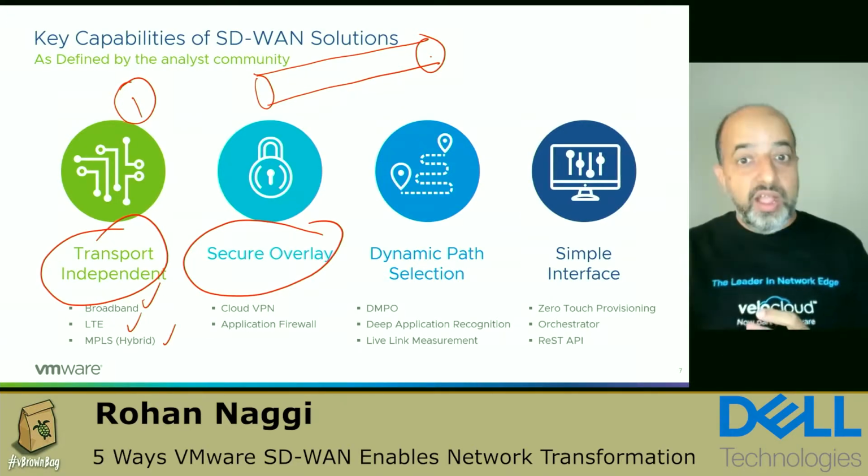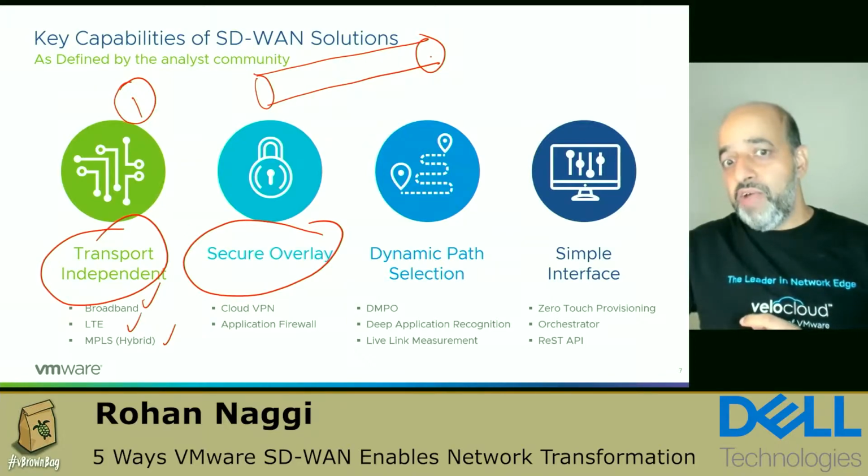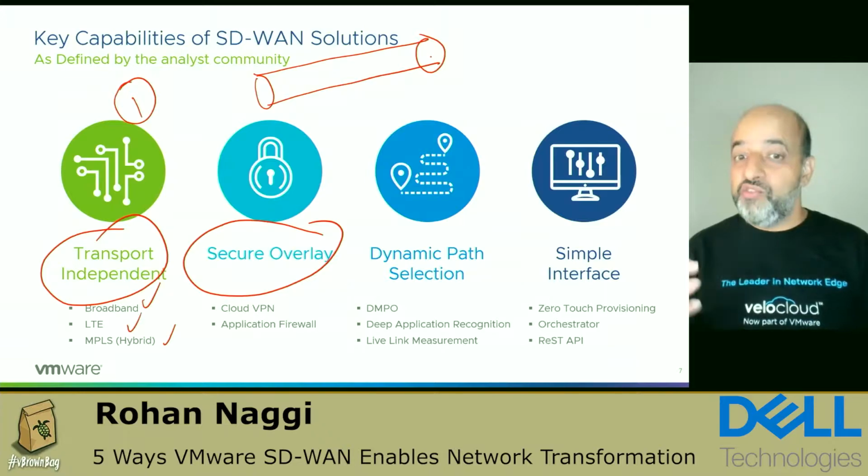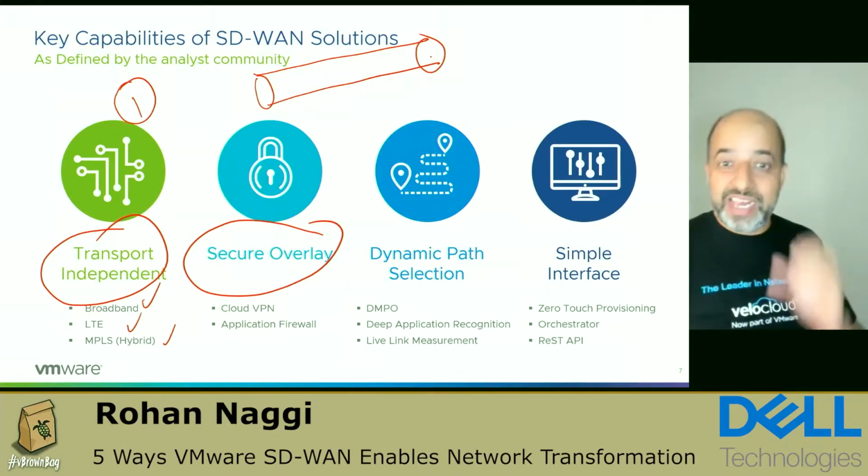And you might be wondering about traffic going to the cloud in a secure fashion. That's where VMware SD-WAN shines, because one of the VMware SD-WAN components, the gateway, is in the cloud, hosted and managed by VMware. As a customer, you don't have to take care of that gateway.